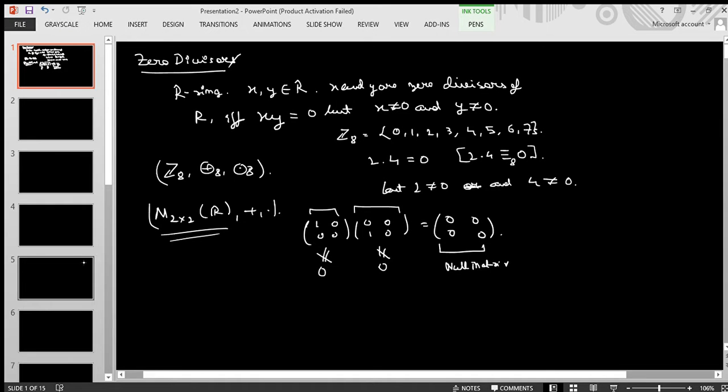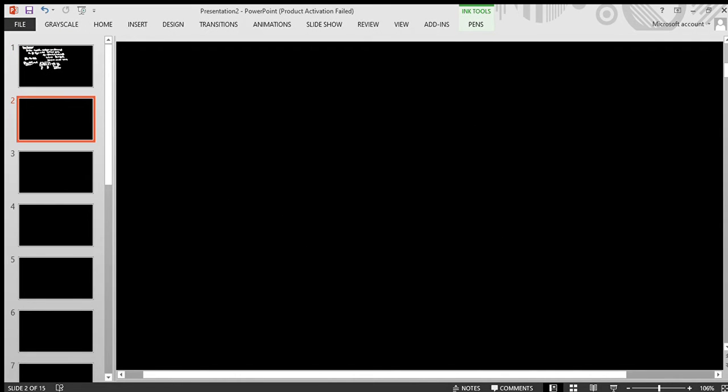Okay. So the next important portion is the concept of integral domains. In the previous lecture, I guess I had discussed the definition of what is an integral domain.